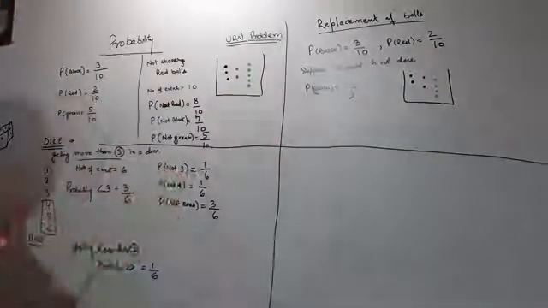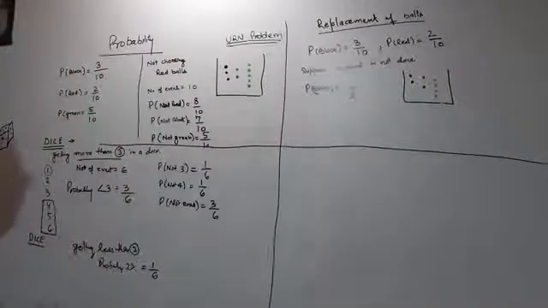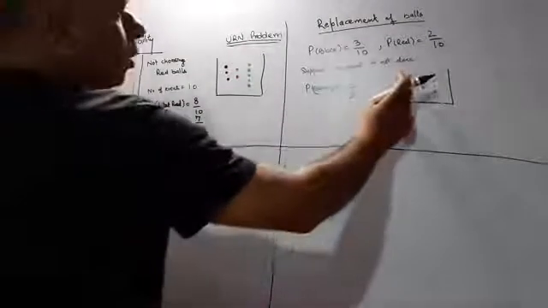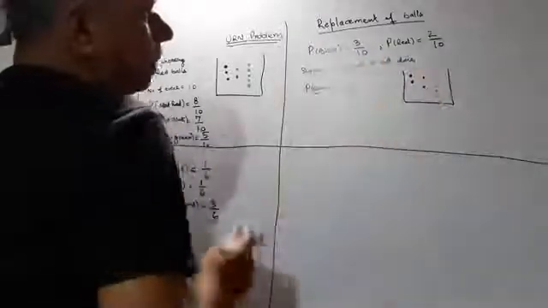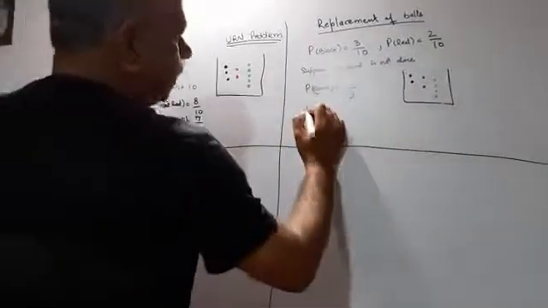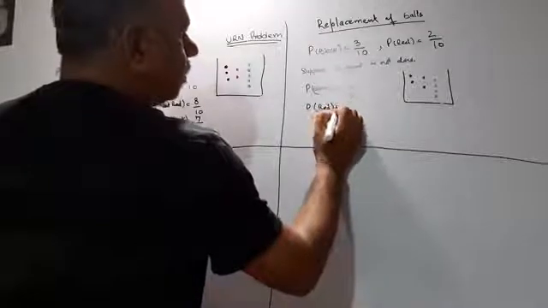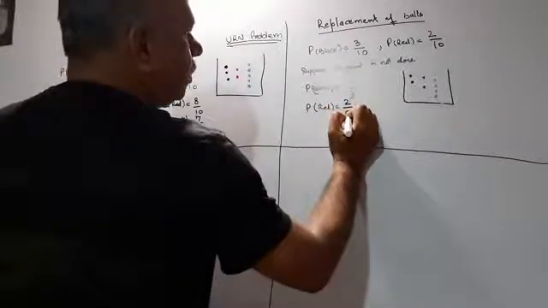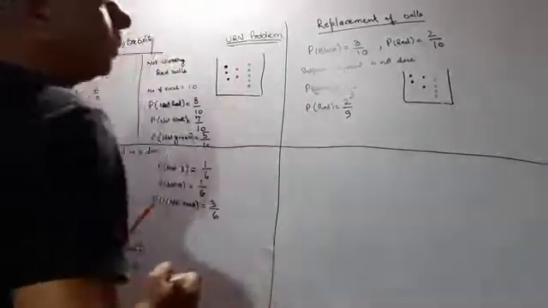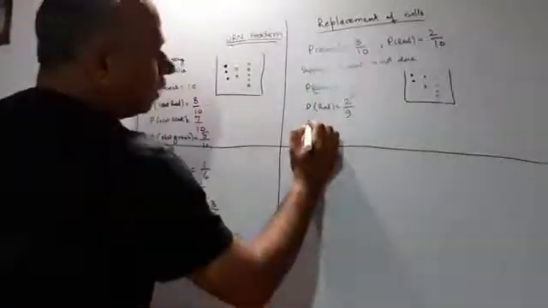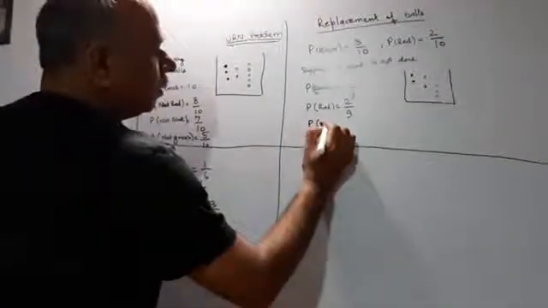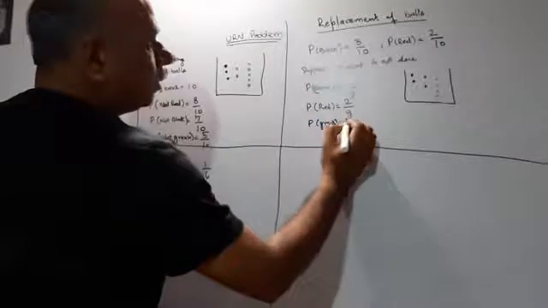Suppose we have taken a black ball. Now, how many balls are remaining? 9 balls are remaining. So in this case, the probability of getting a red ball will be 2/9.